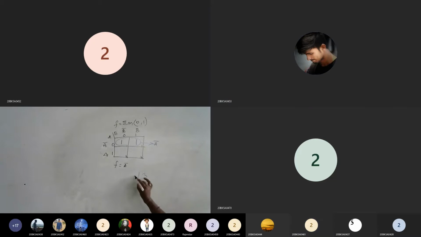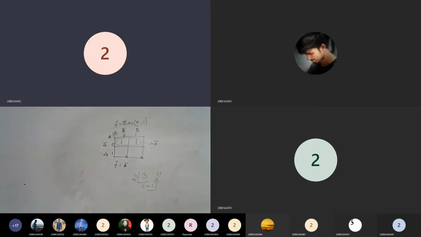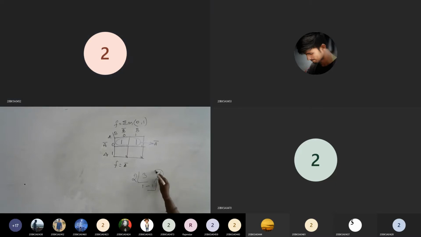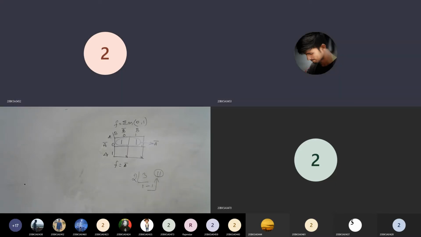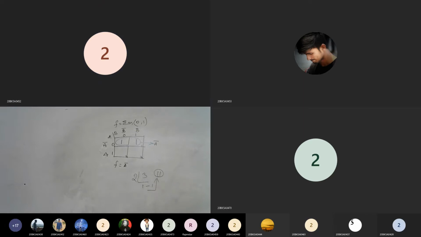If you are dividing 3 with 2, 2 ones are 2, remainder is 1. How will you write this? 1, 1. So 3 is equivalent to double 1. So how many bits are there? 2 bits. That is the reason you need to draw a 2 variable K-map. First draw the 2 variable K-map.